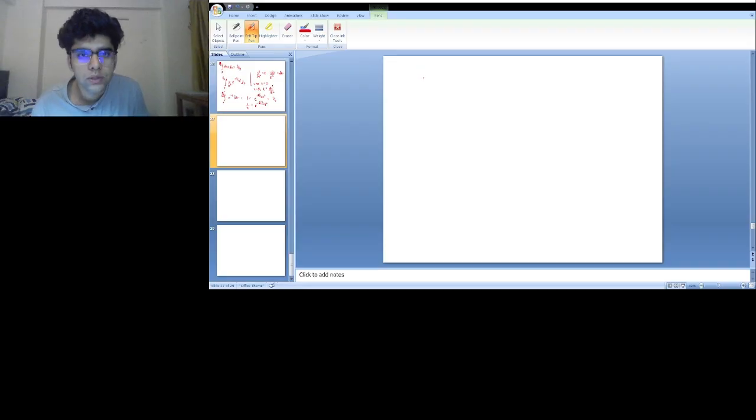Taking log on both the sides gives me ln 1 by 4 negative, this gives me q3 square by 2b square, right? So this becomes ln 4. I'm just taking this in.